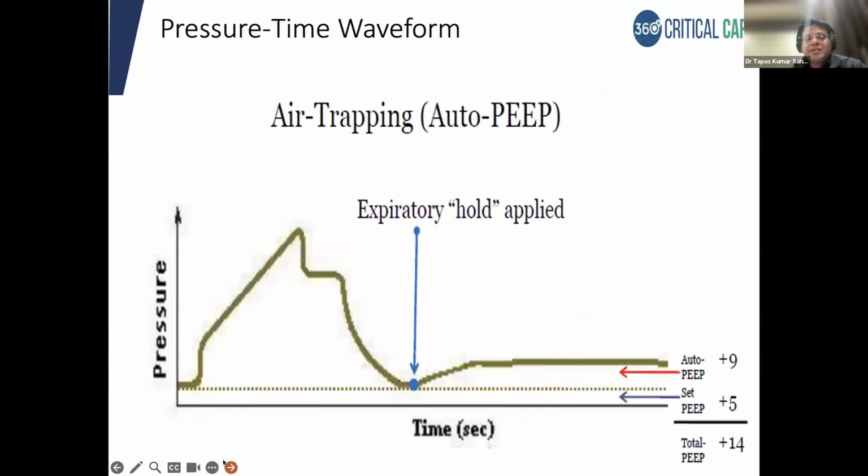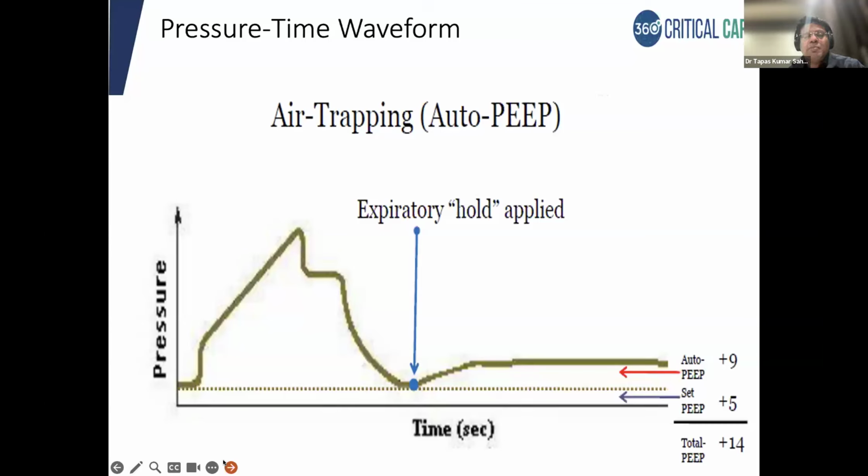Now, air trapping. Sometimes, if we are suspecting that auto PEEP is getting generated, we do the expiratory hold maneuver. In the examination, believe me, the DRNB examination on February 3rd and 4th, you are getting this, and you remember me. How to do expiratory hold, what will be the utility of expiratory hold, how you would be deciding whether this patient is generating auto PEEP, what will be the total PEEP, what would be the optimum PEEP, what is physiologic PEEP.